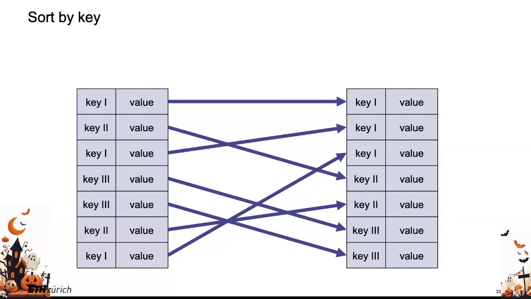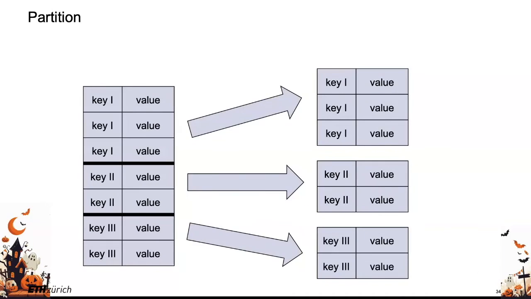So now it's nicely all sorted and grouped by intermediate key. And then you separate it by group. So all the intermediate key values with key 1 go together, all the intermediate key values with key 2 go together, and all the intermediate key values with key 3 go together. And millions of times, probably. Okay? So far, so good, right?